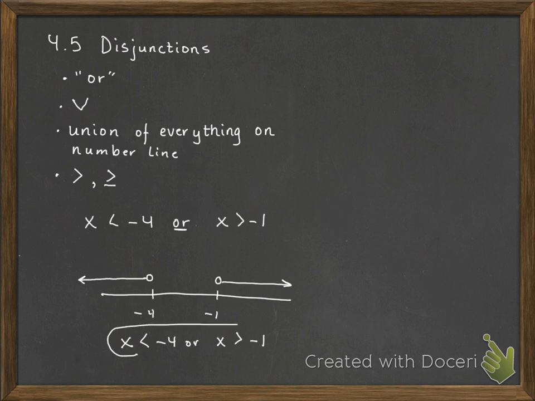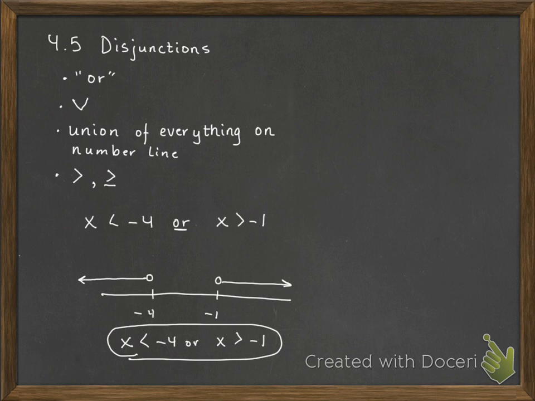So that would be the solution for a disjunction. If this was a conjunction and our joining word was and, we would be looking for, again, the overlap here. And because there isn't an overlap, if this was a conjunction, it would be no solution.